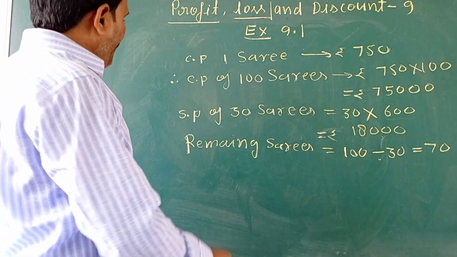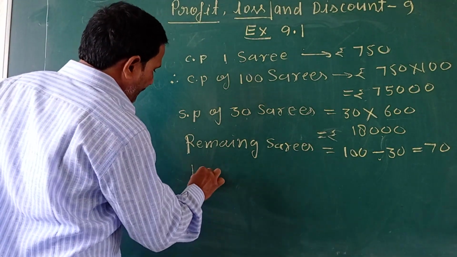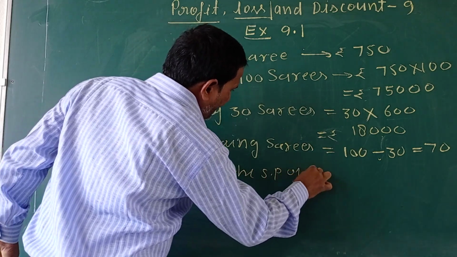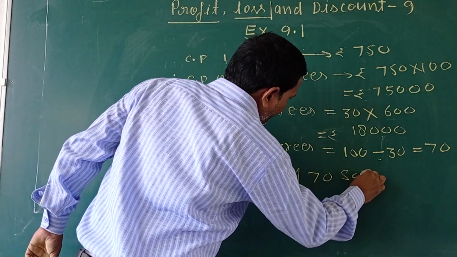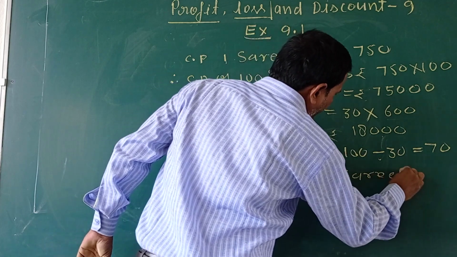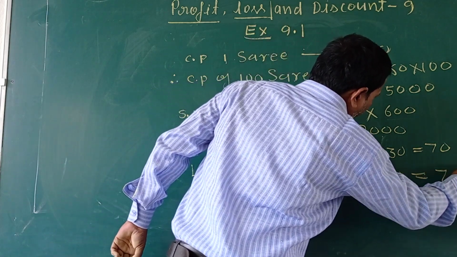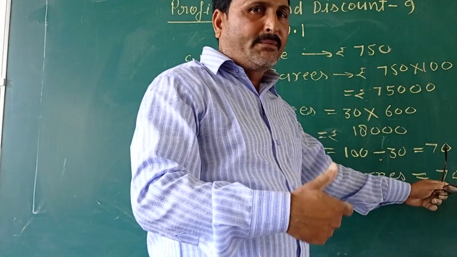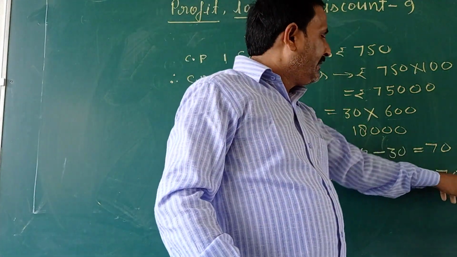Let the ST of 70 sarees be 70x, letting one saree be x. Therefore, directly, 70 sarees is 70x.